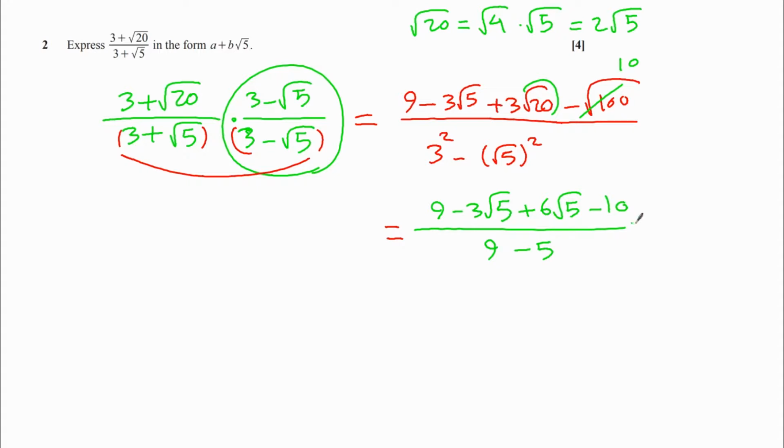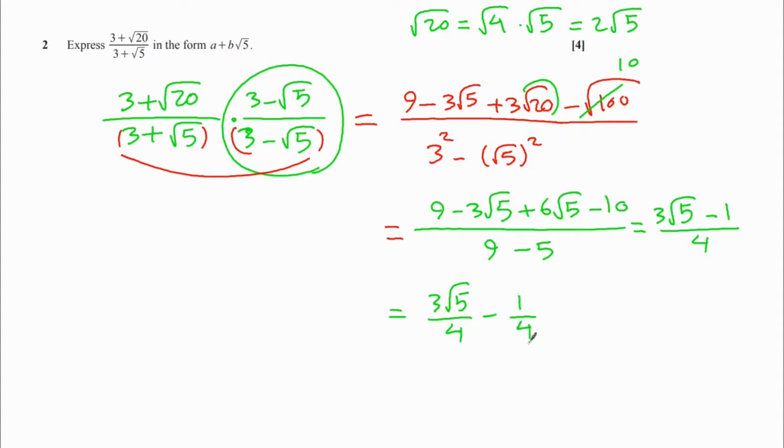If I again simplify a bit further, it would be 3 square root of 5 minus 1, divided by 4. If I now separate these terms in this fraction, this would be 3 square root of 5 divided by 4, minus 1 over 4.